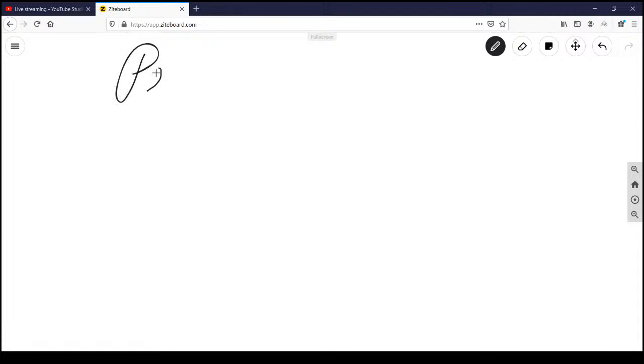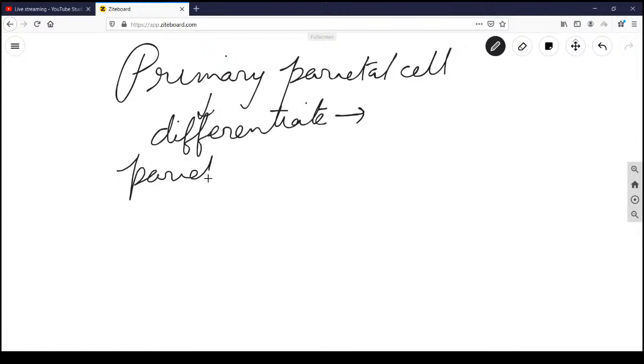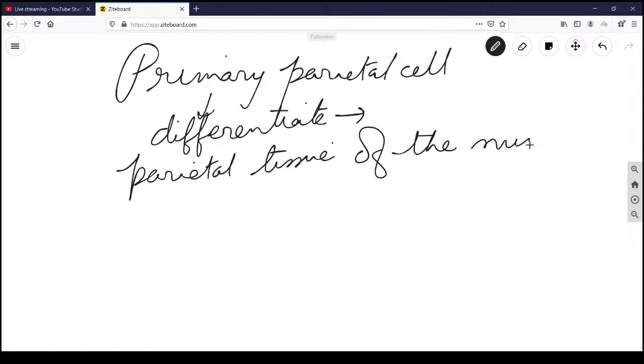Now, this primary parietal cell will differentiate even further to form the parietal tissue of the nucellus.